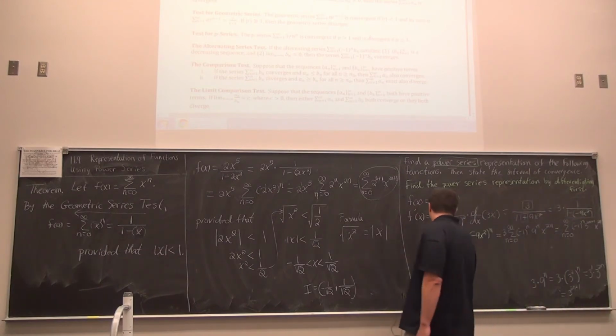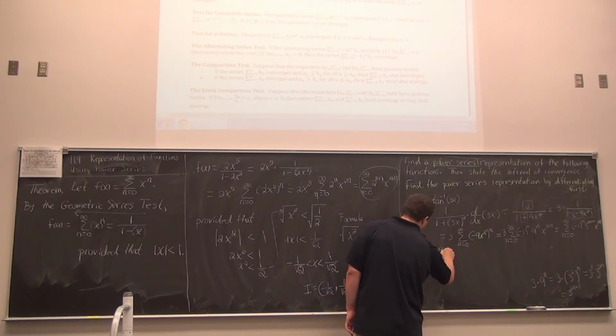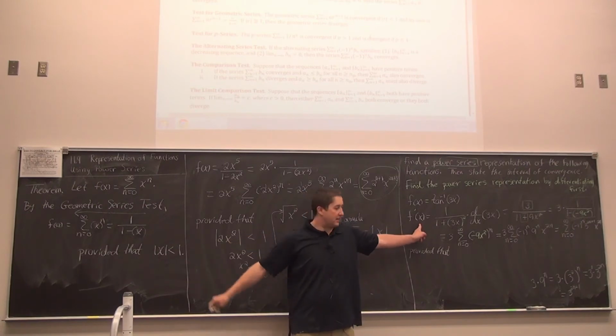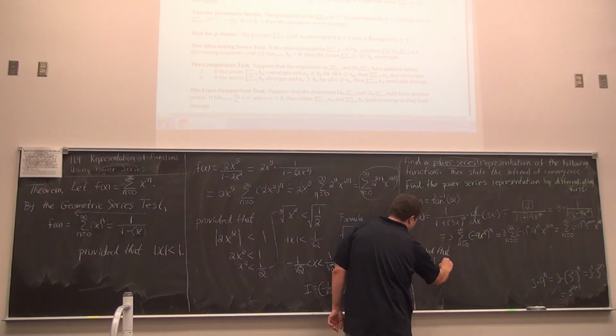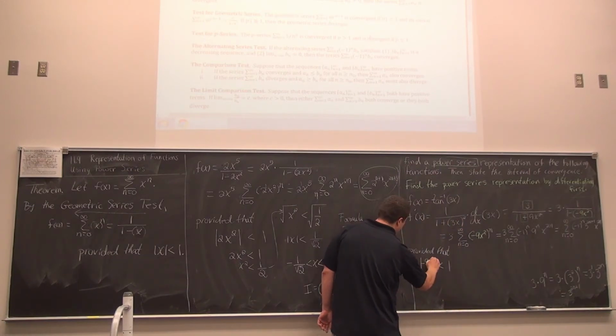So we can say that this equation holds, provided that, and you don't have to say provided that, but it reminds me that we're using this condition over here: the absolute value of something is less than 1, and that something was negative 9x squared.